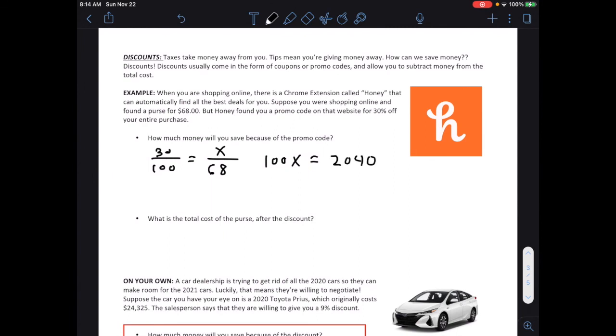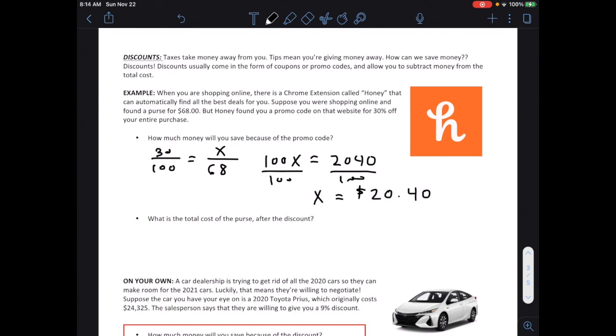And then we're going to divide by 100. So when we divide by 100, we get, this is another one where I'm going to keep all those numbers because it's money, $20.40. Okay, so she is going to save, or you're going to save, $20.40 when you use that promo code of 30% off.